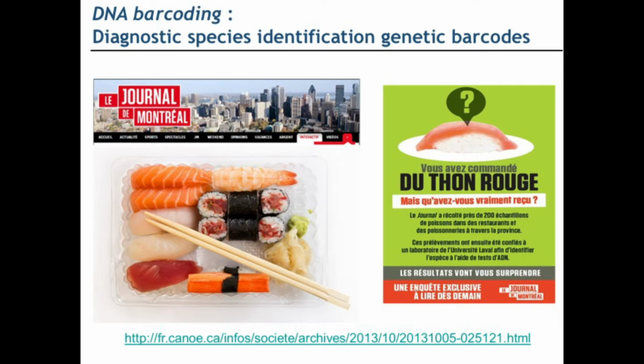So this was done 8 years ago, and basically I worked with those newspapers and we collected fish in Quebec in restaurants and grocery stores to see if what you were buying was what you were eating. And obviously I would not present that if it was 100% of what we bought is what it is.